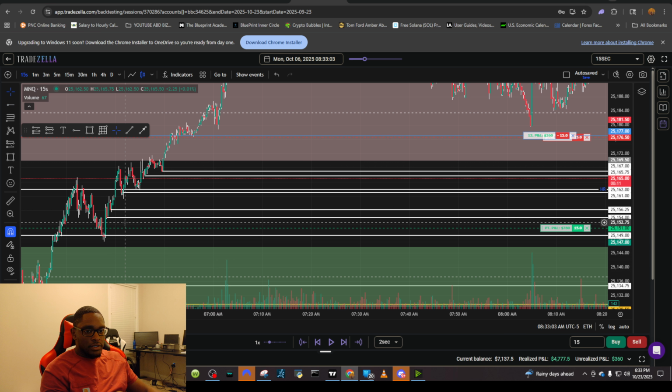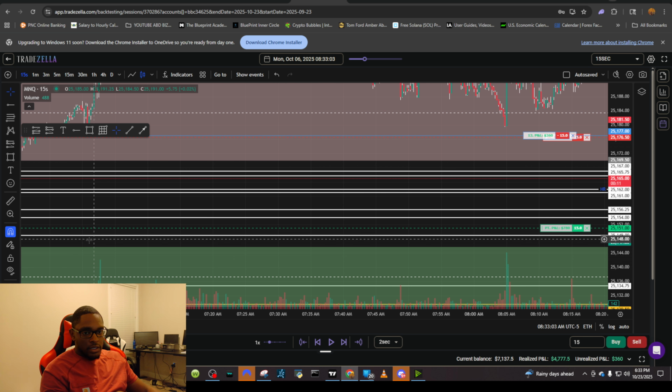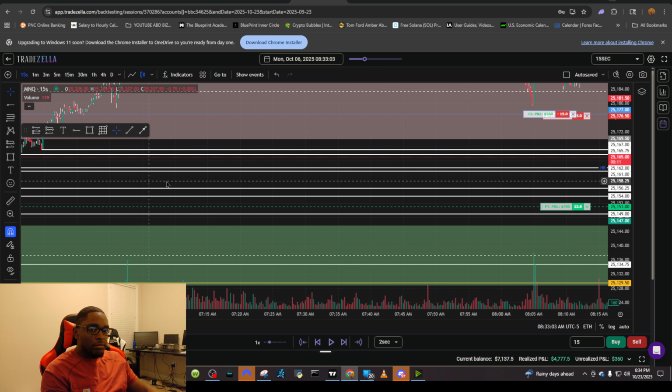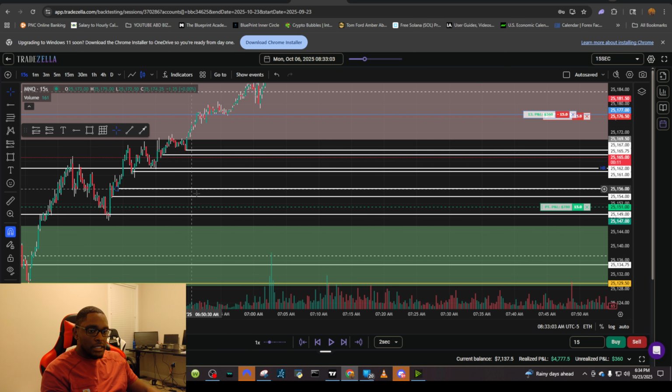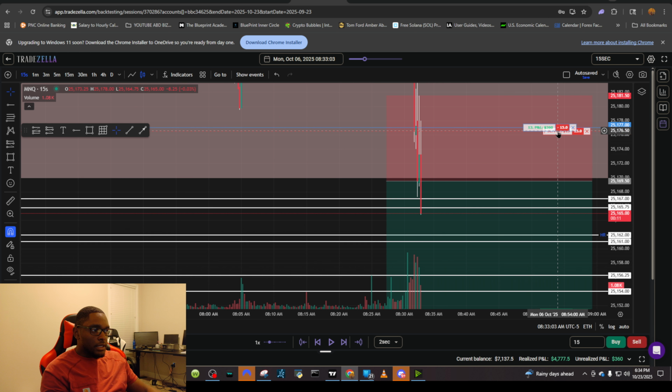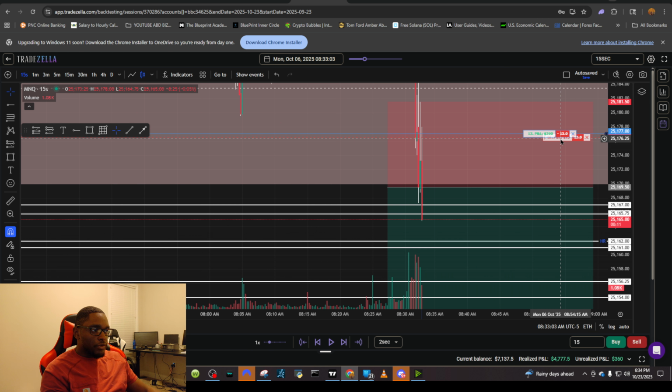Here, right there. Then we got an imbalance. This huge green right there. And there is a demand zone on the 15 seconds. So price might come down out here, but it has a lot of balances it can bounce off of. So because of that, I'm going to bring my take profit to right there.